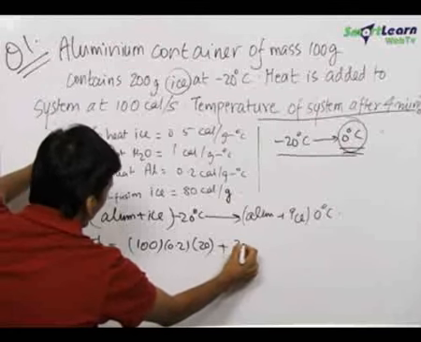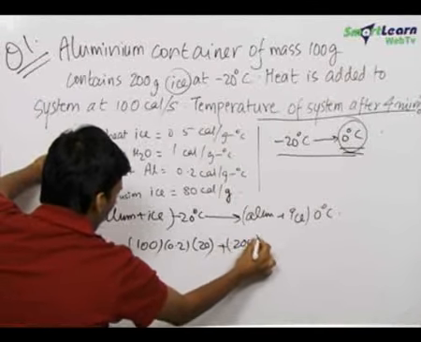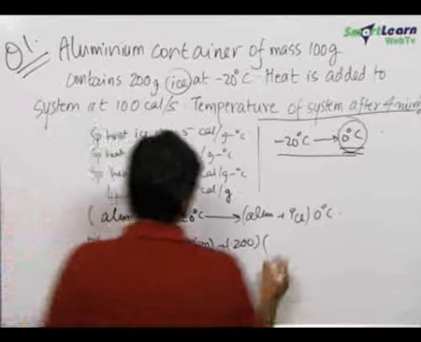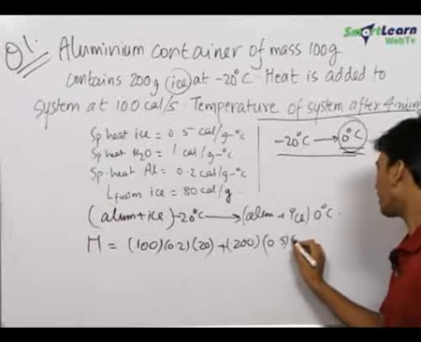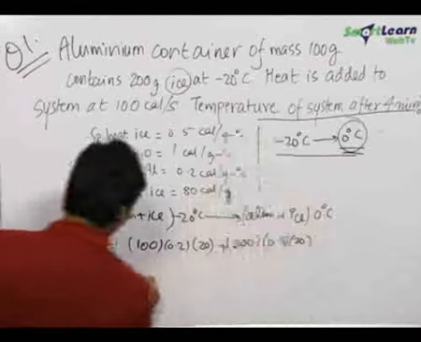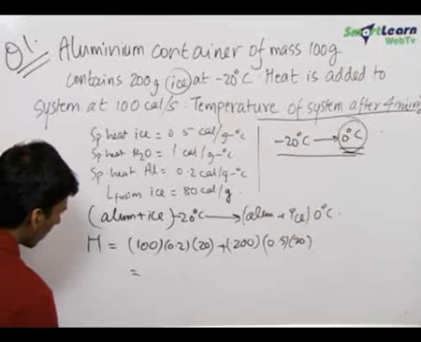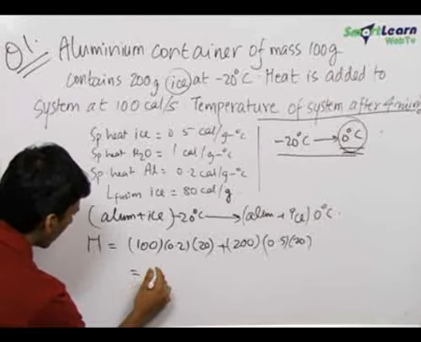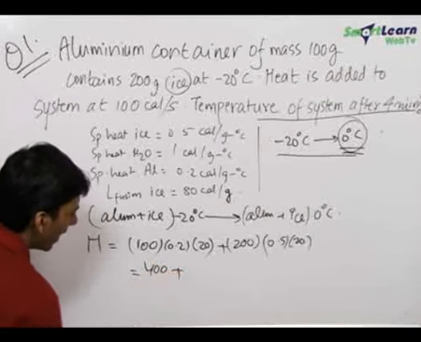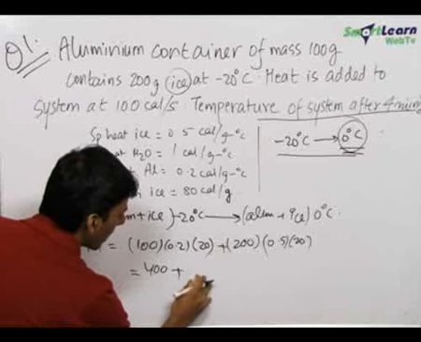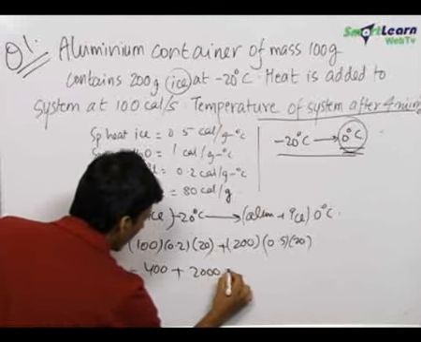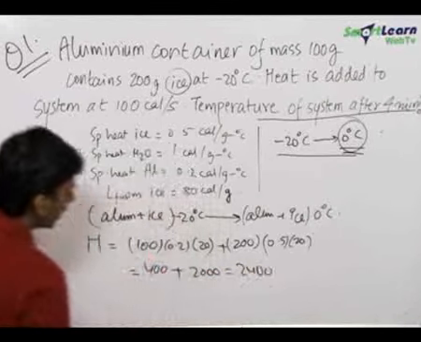The mass of ice is 200 grams, into the specific heat of ice, that is 0.5, into delta T, that is 20. This comes out to be equal to 400 plus 2000 is equal to 2400 calories.